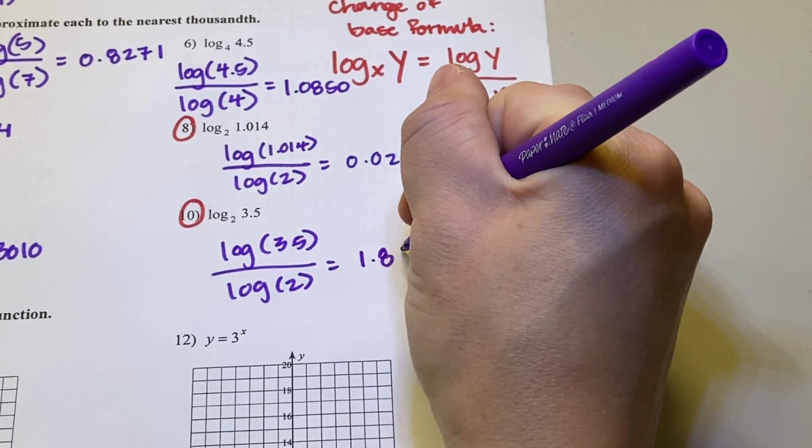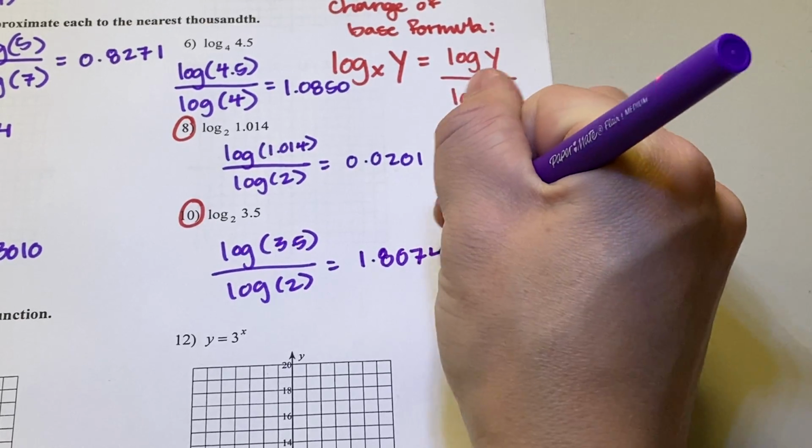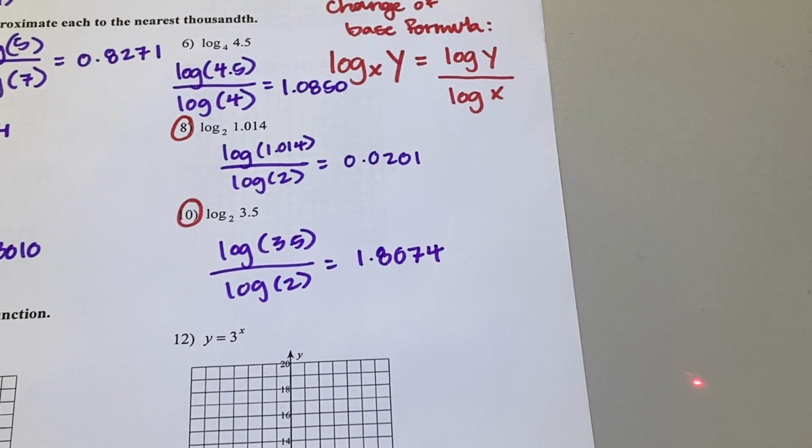See if you can round it to 4 decimal places as well. See what you get. Okay, let's take like 10 more seconds.